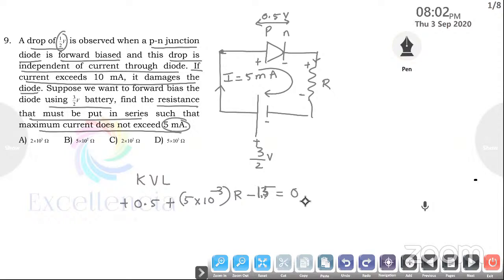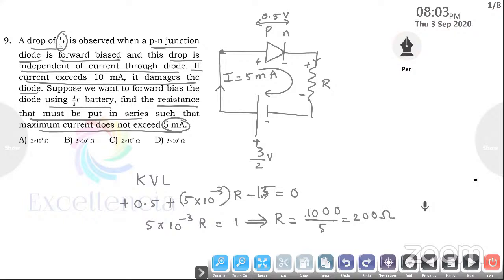In either way you can get the answer. So 5 into 10 power minus 3 into R equals 1.5 minus 0.5, which is 1. So R equals 1000 by 5, which is 200 ohm.